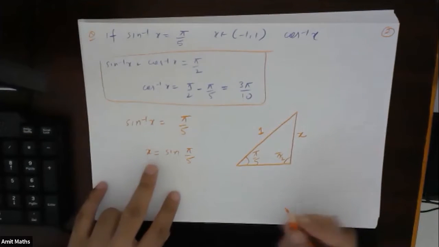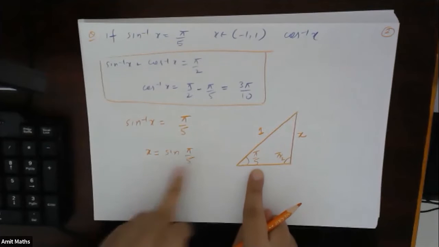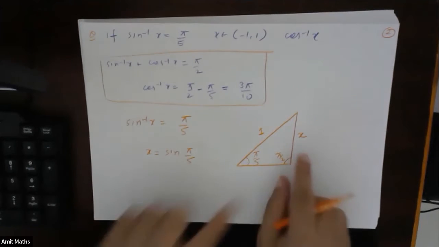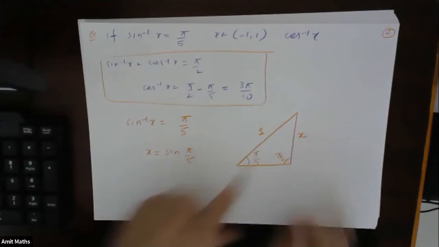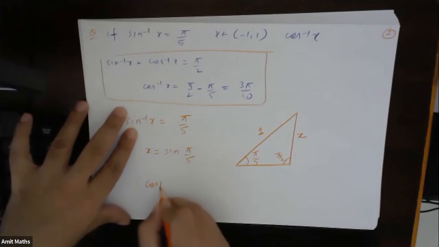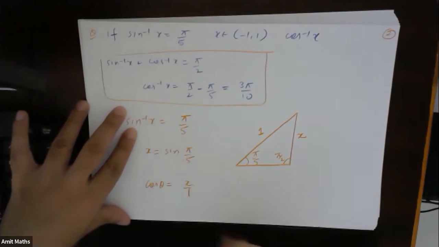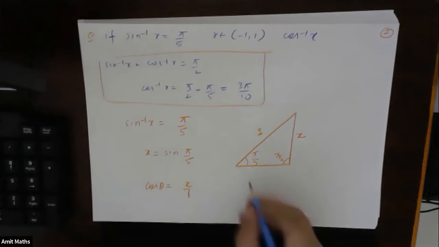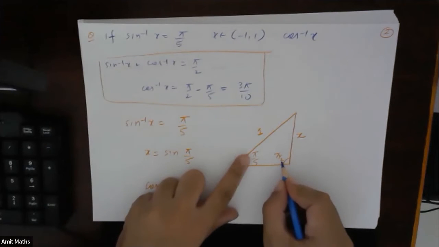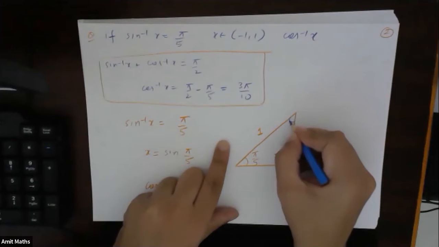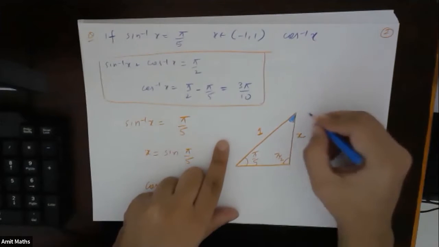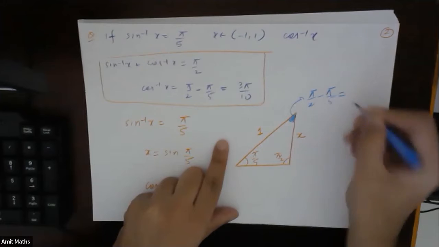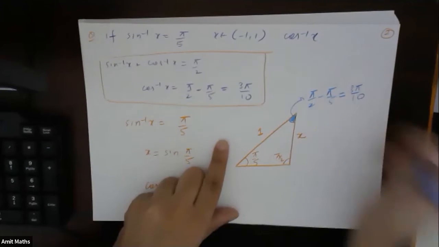Now for the same angle, using cos, you should get x. So for some angle theta, cos of theta is x by 1. Now see, this angle is pi by 5, this angle is pi by 2. So find out what this remaining angle is. This remaining angle will be nothing but pi by 2 minus pi by 5, which is 3 pi by 10, right?